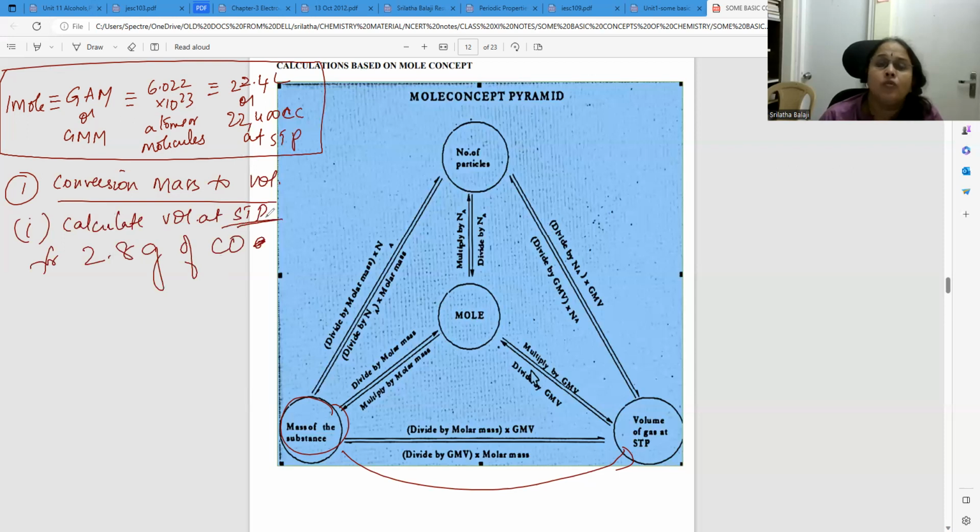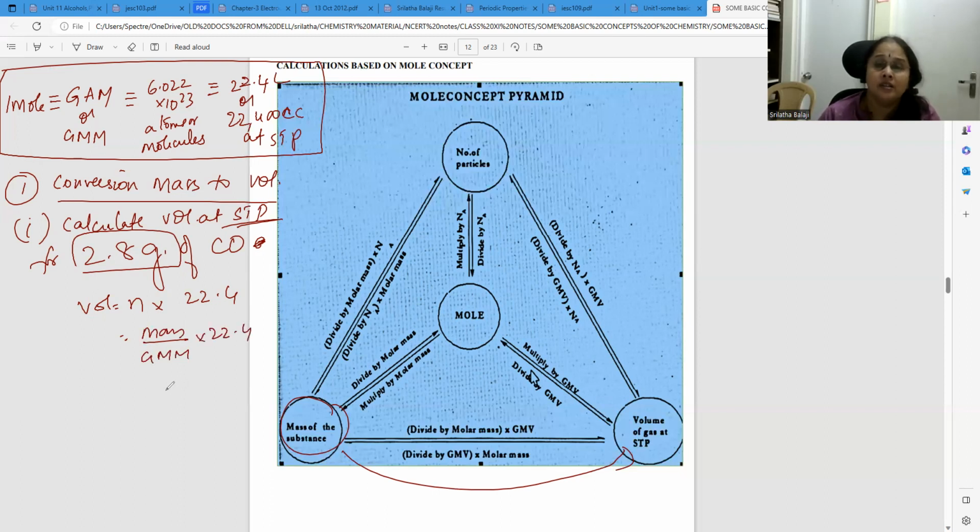So how do you calculate volume? Volume is given as number of moles multiplied by 22.4, right? Now, what is the source of calculation of number of moles in the current question? We have mass given. So I have to use this mass to calculate the number of moles. So what is number of moles in this case? It's mass by gram molar mass into 22.4.